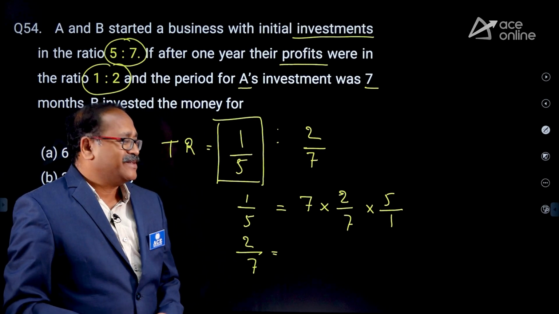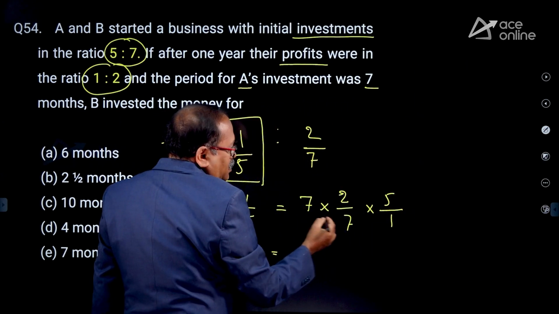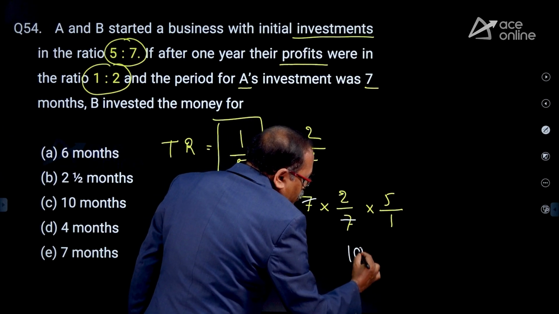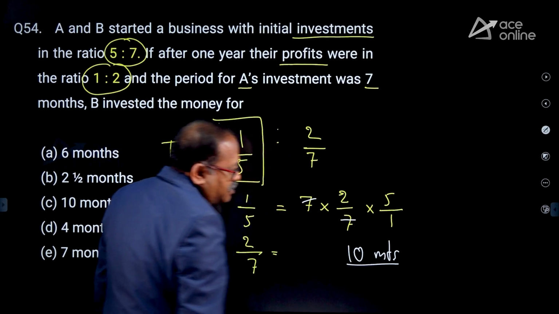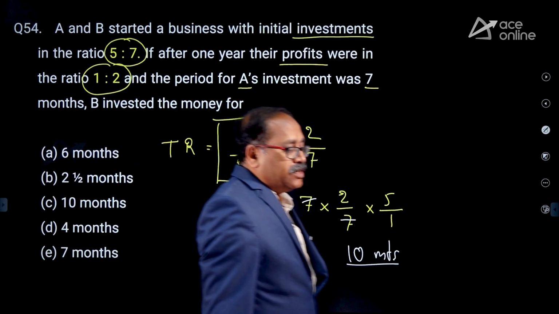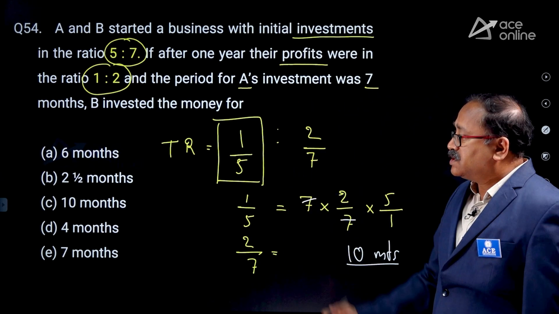That's all. So let's complete this small part: 7 and 7 get cancelled. 2 into 5 is 10. So B invested for 10 months. That should be my answer. Check if any option is there for 10 months. That is option choice C.